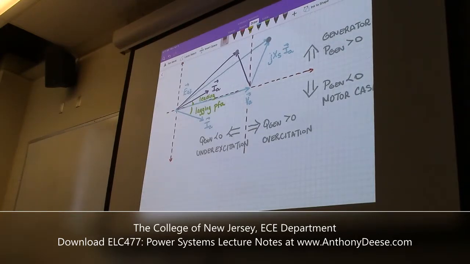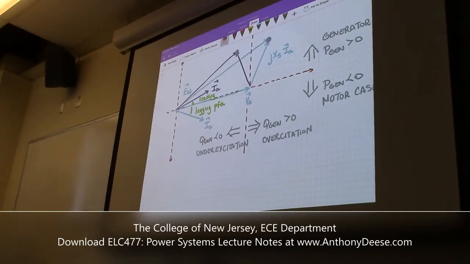Well, the good thing about this is we're not really using a hard threshold, like a 90-degree threshold, where we could say, okay, that's not a realistic threshold. Really, now we're just looking at the relationships: overexcitation generator versus underexcitation motor. Those relationships will stay the same regardless of what assumptions we lose.